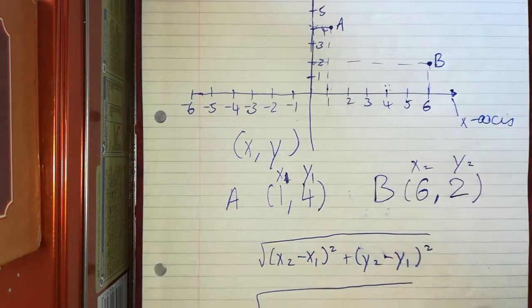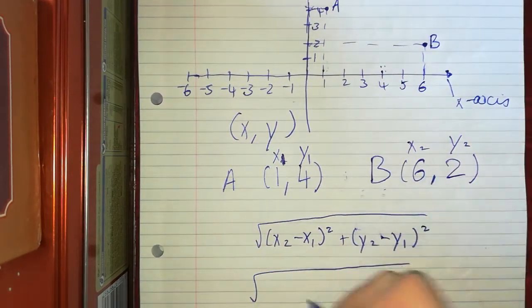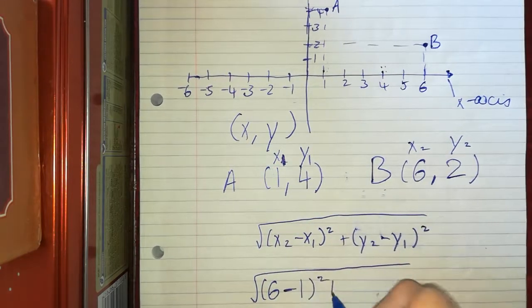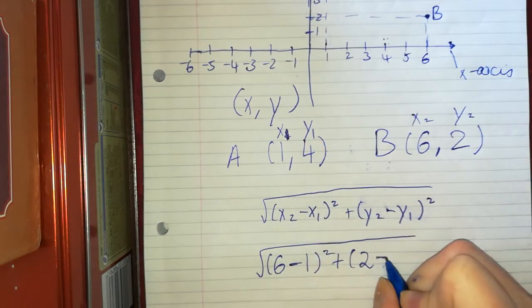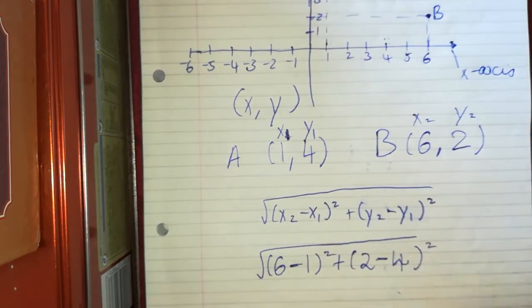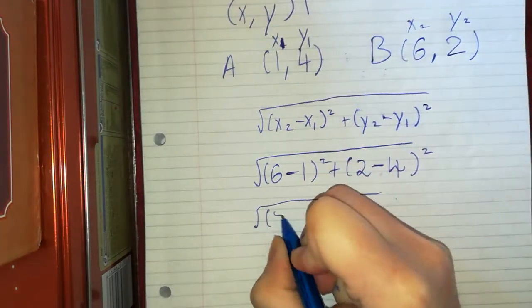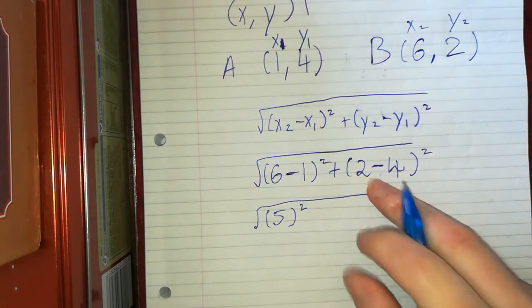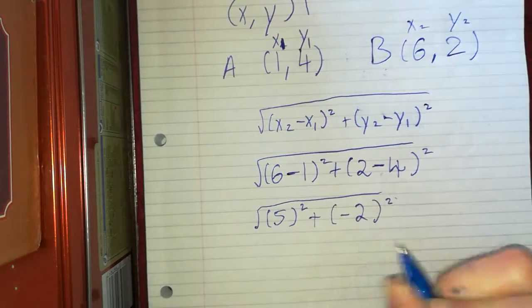So the distance between them is going to be x2 minus x1, so x2 is 6, minus x1, so minus 1, and that's squared, plus y2, which is 2, minus y1, so minus 4, and that's squared. So 6 minus 1 is 5, and that's squared. And then 2 take 4 is minus 2, squared.